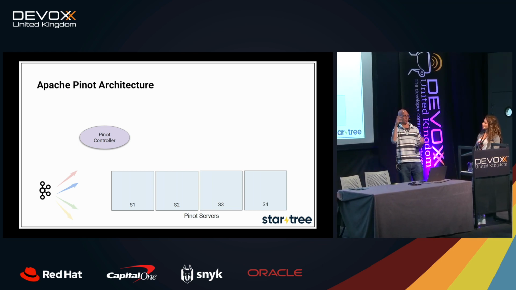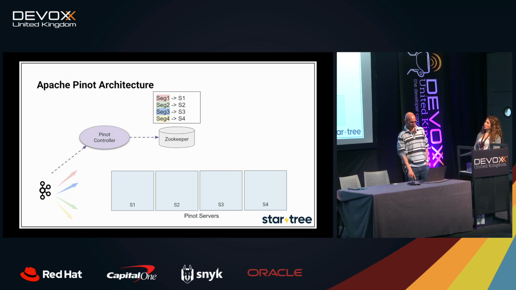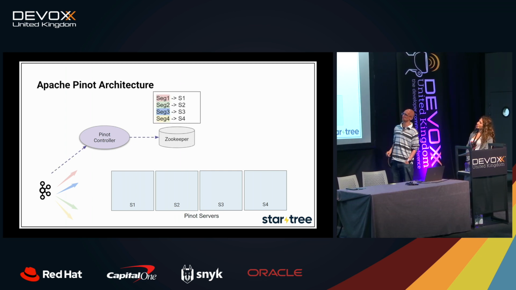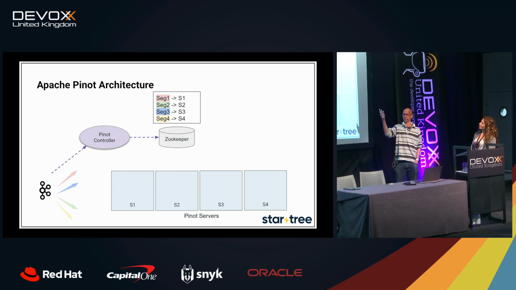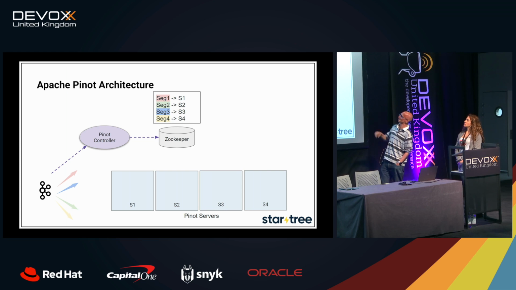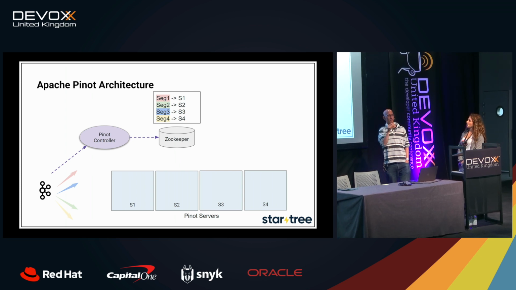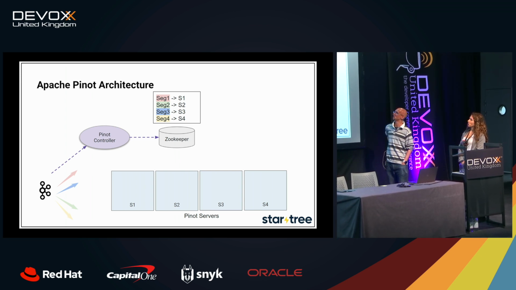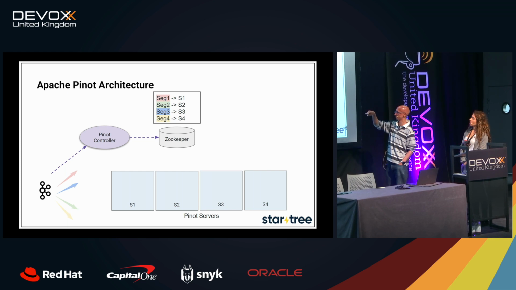It takes care of all the metadata on the cluster and making sure which servers are handling which partitions coming from Kafka. So that's managed up the top, and it's all stored in Zookeeper. You can see a segment is the unit of storage in Pinot, and it's mapping different segments to different servers.